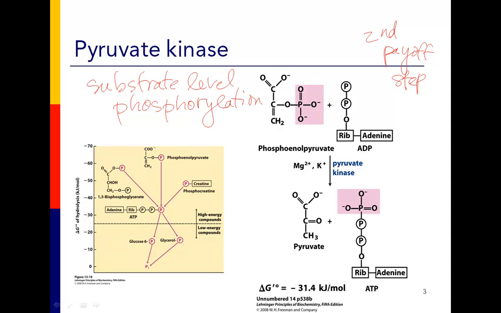Because we're going to see in the electron transport chain and in the mitochondria how we make ATP through the ATP synthase enzyme, but this is a different way of making ATP.